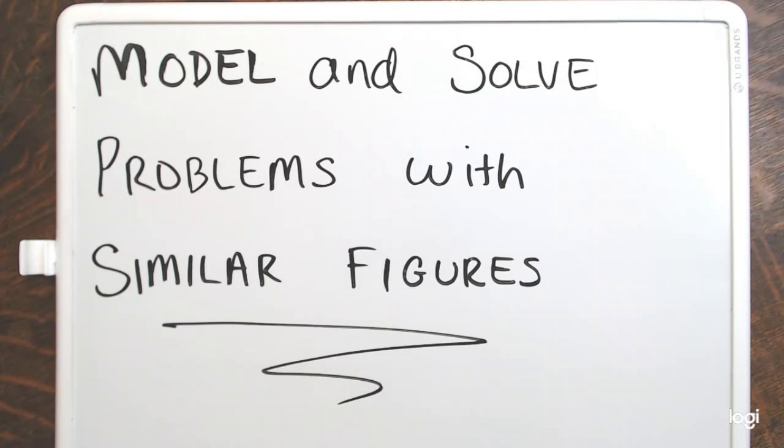Two shapes are similar if all their corresponding angle measures are the same, or what they call congruent, and also the ratio of corresponding sides is the same throughout the two figures, right? So the ratio of corresponding sides is constant.